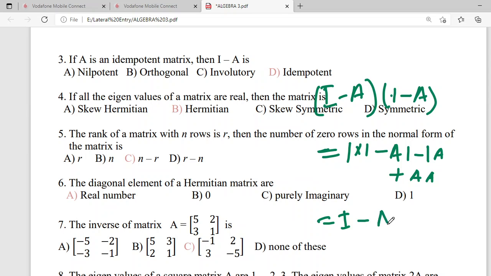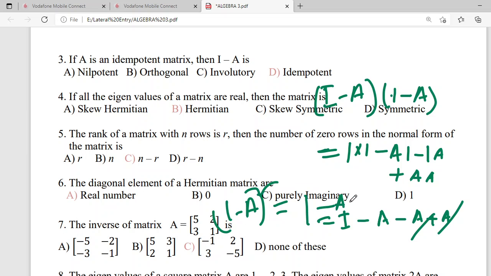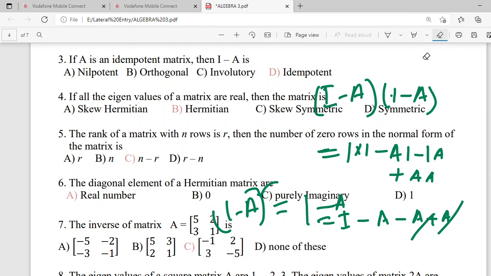And A square is A because it is idempotent. So this A goes and remains. We have I minus A. So I minus A square is equal to I minus A, which is the definition of idempotent. So our option is this one.